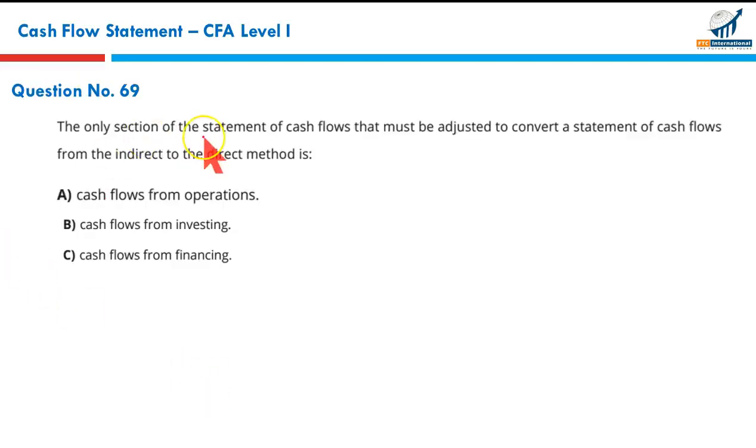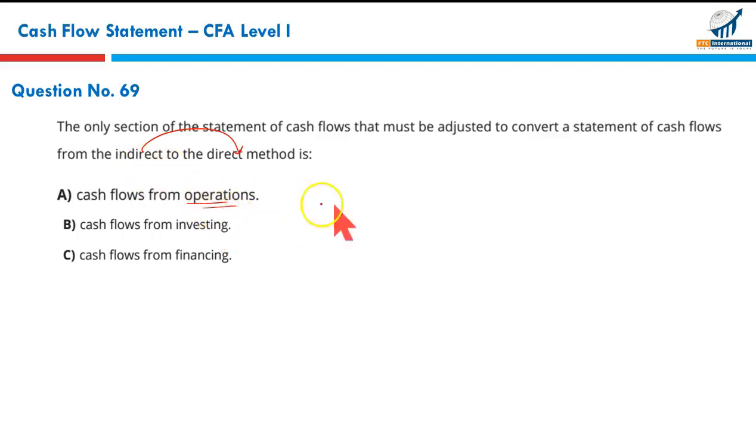69. The only section of the statement of cash flows that must be adjusted to convert a statement of cash flows from indirect to direct. The only section that you need to convert is the cash flow from operating activities.